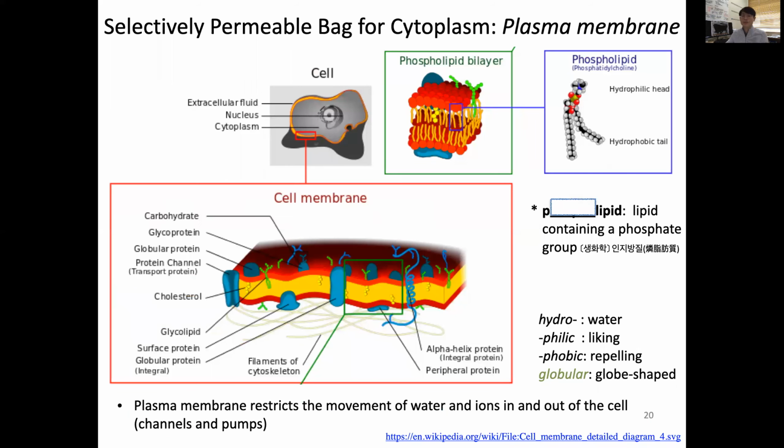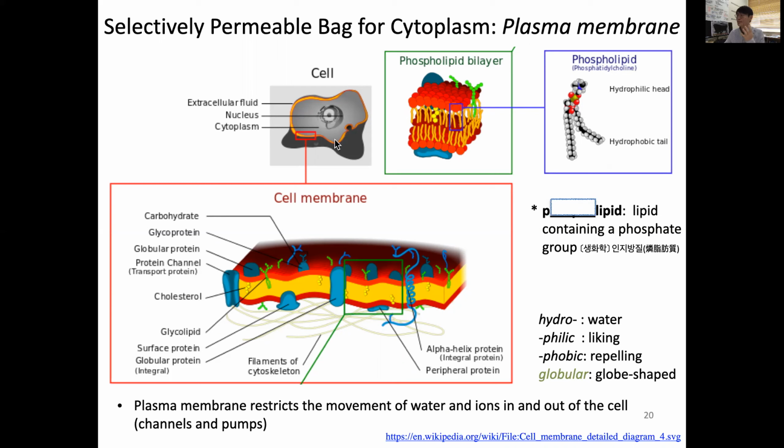So the second one I want to discuss is the plasma membrane. I titled it the selectively permeable bag of the cell cytoplasm. Because of the cytoplasm, the name comes as plasma membrane or cell membrane.